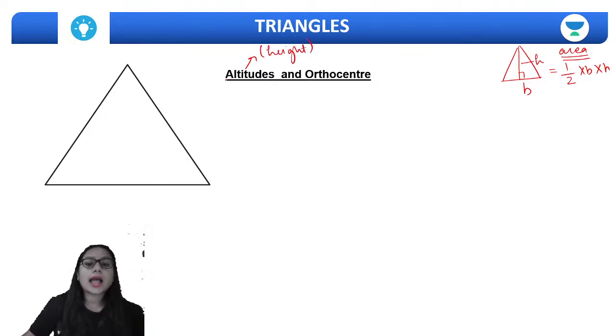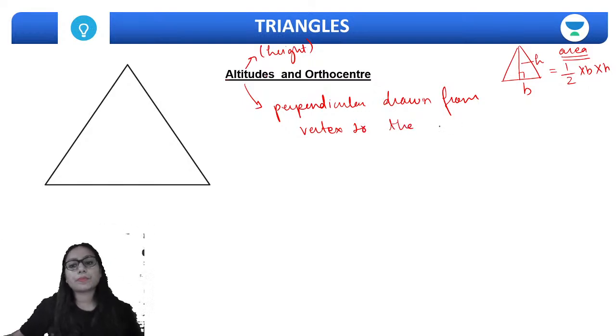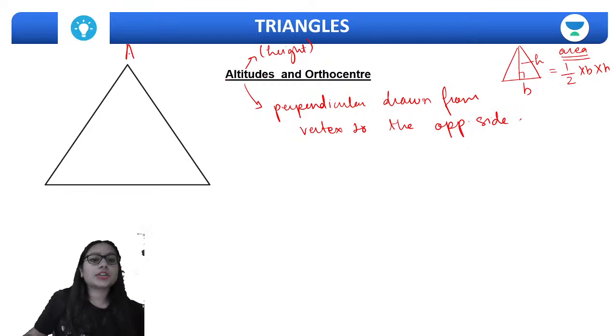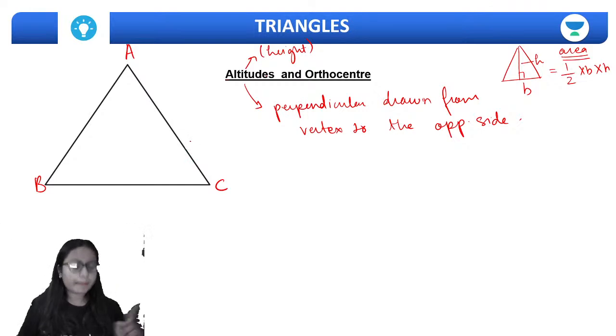Altitude is actually the perpendicular drawn from a vertex to the opposite side. So if I have this triangle ABC, let me draw a perpendicular from A to BC.